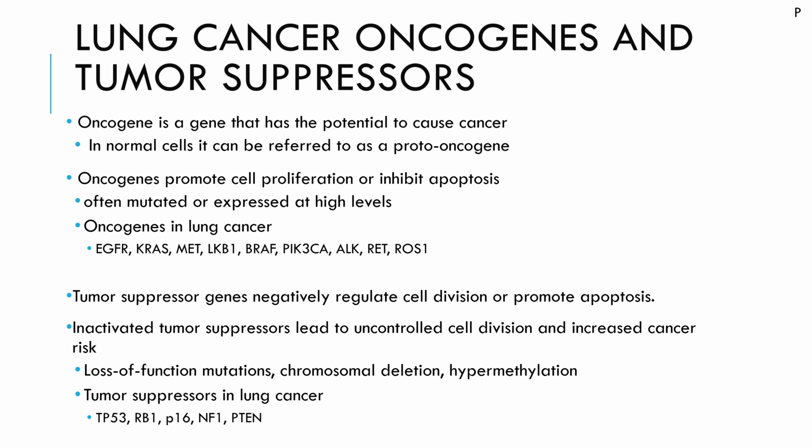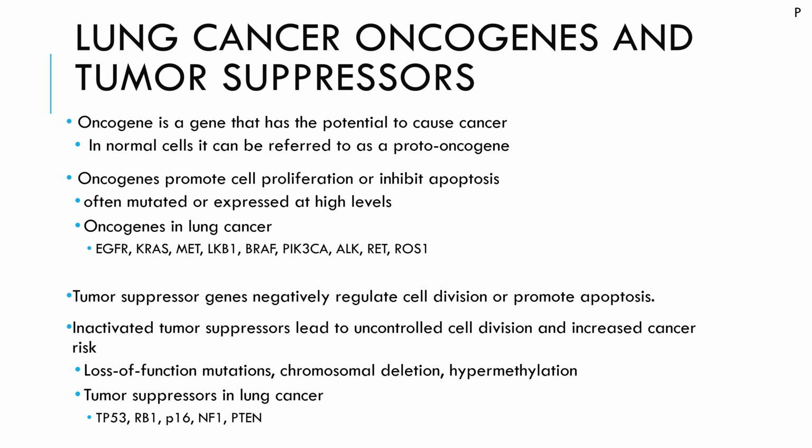Oncogenes promote cell proliferation, or they inhibit apoptosis. Apoptosis is a cellular process that is associated with programmed cell death, which is actually normally a very important function. It helps to regulate cell proliferation and keep the balance of cell growth and cell death in check.